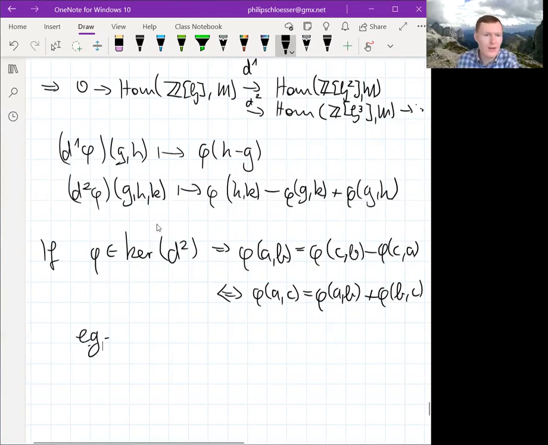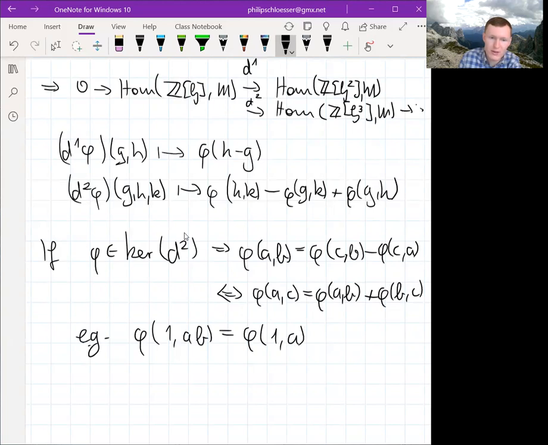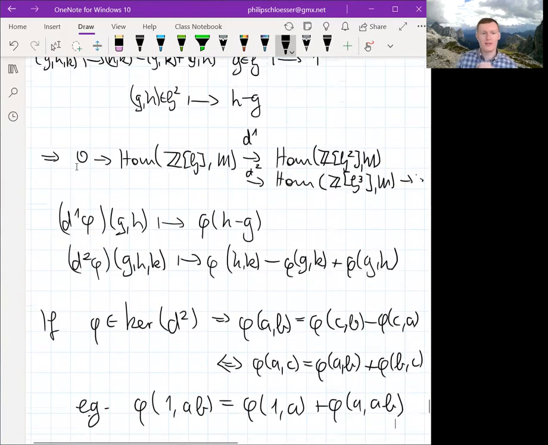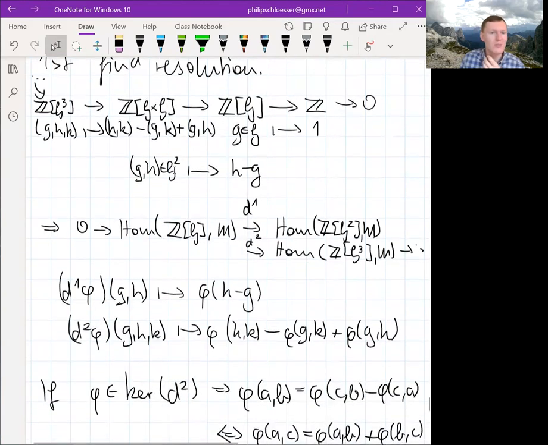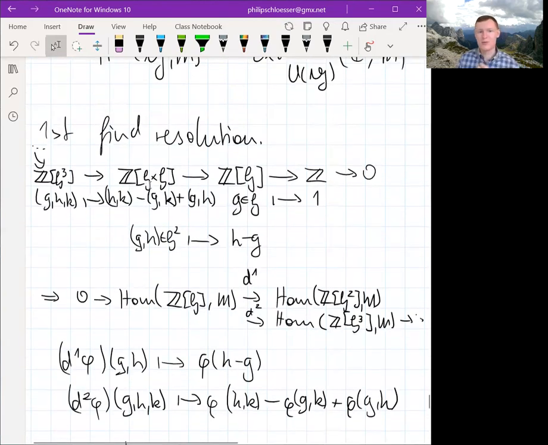And now this means if we take, for example, 1 and the product of AB, this means that phi of 1 and AB is equal to phi of 1 and A plus phi of A and AB. And okay, I didn't really say how we turn this Z adjoint G cross G into a G module, but we basically act on every one of those elements here.